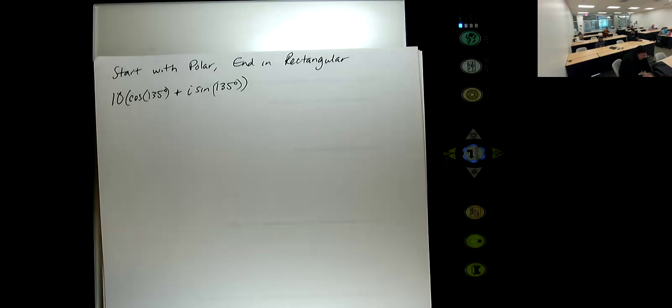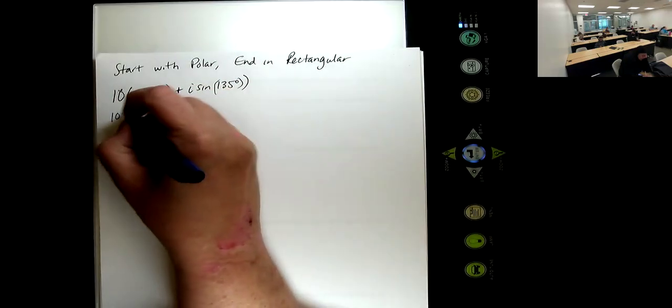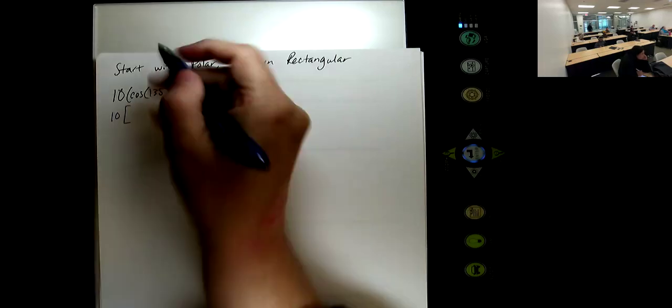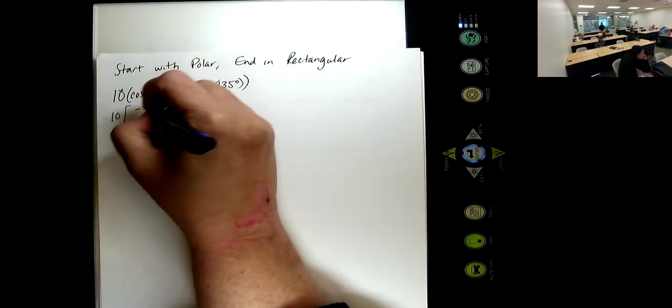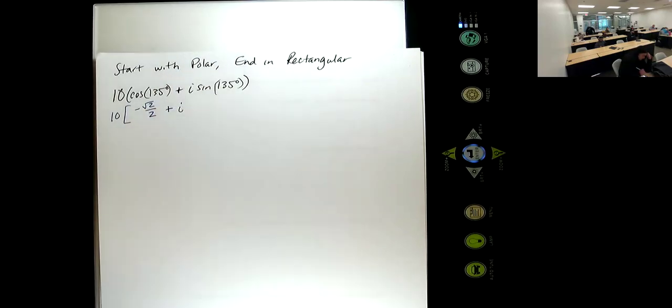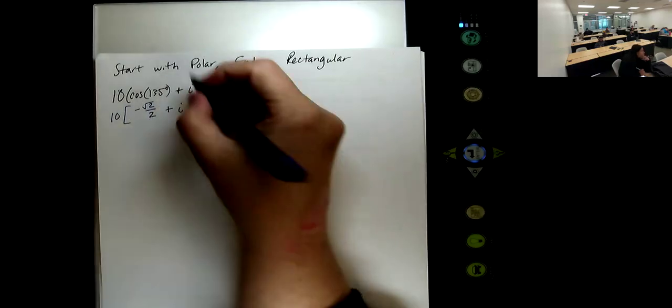To go to rectangular, we need to convert these to values. What is cosine of 135 degrees? It's negative root 2 over 2. Excellent. What about sine of 135 degrees? It's positive root 2 over 2.